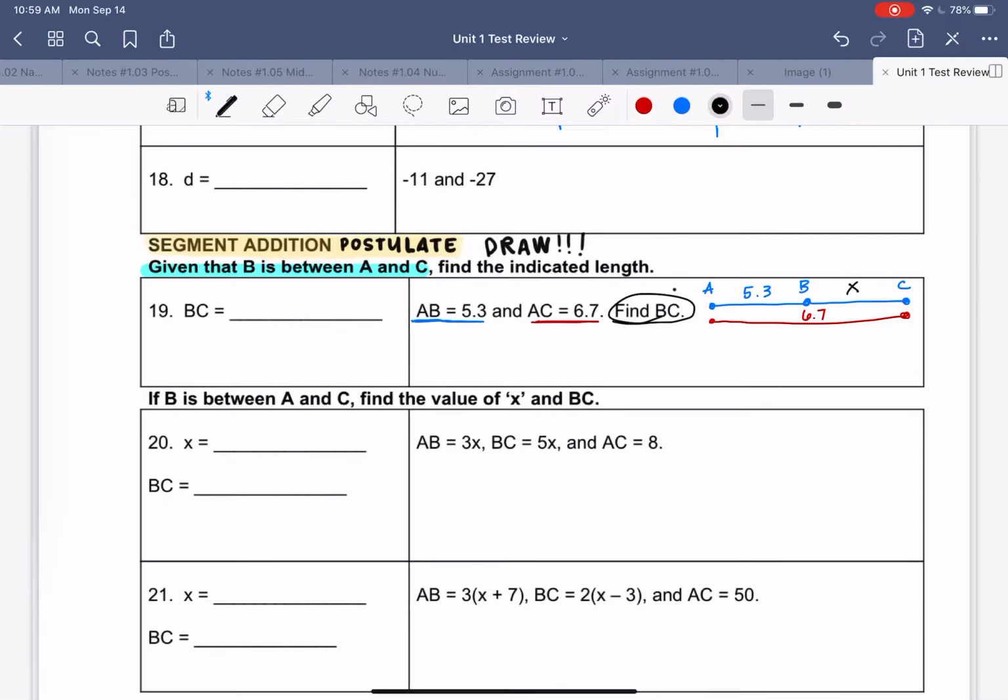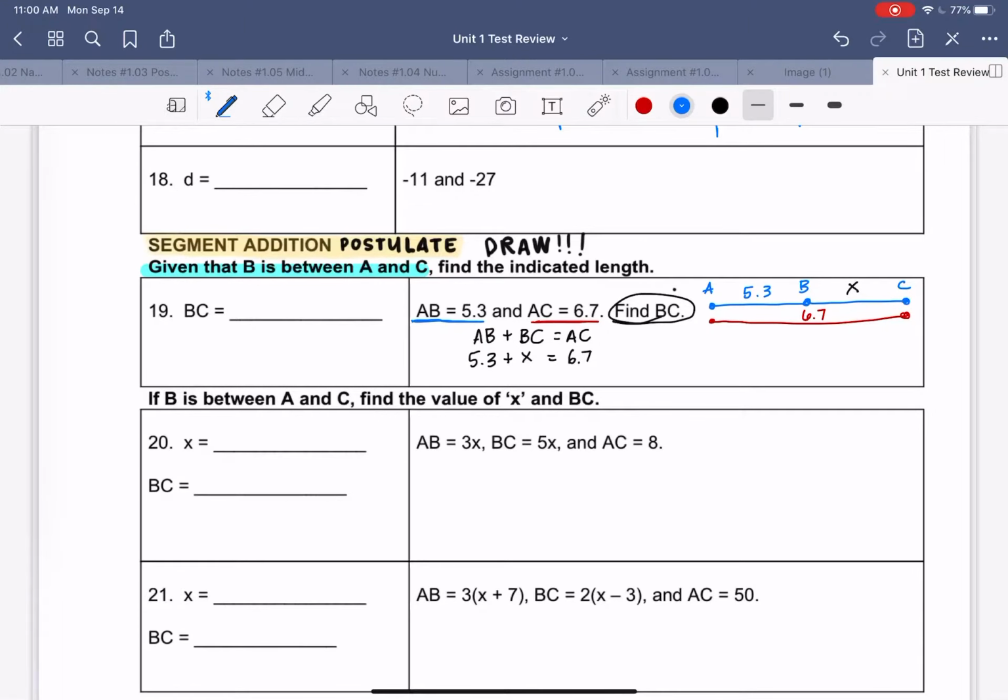So after you're done drawing and labeling, now it's your turn to write an equation. So we have AB plus BC equals AC. Well, AB is 5.3. We don't know BC, so we're going to label it with X. And then AC is 6.7.